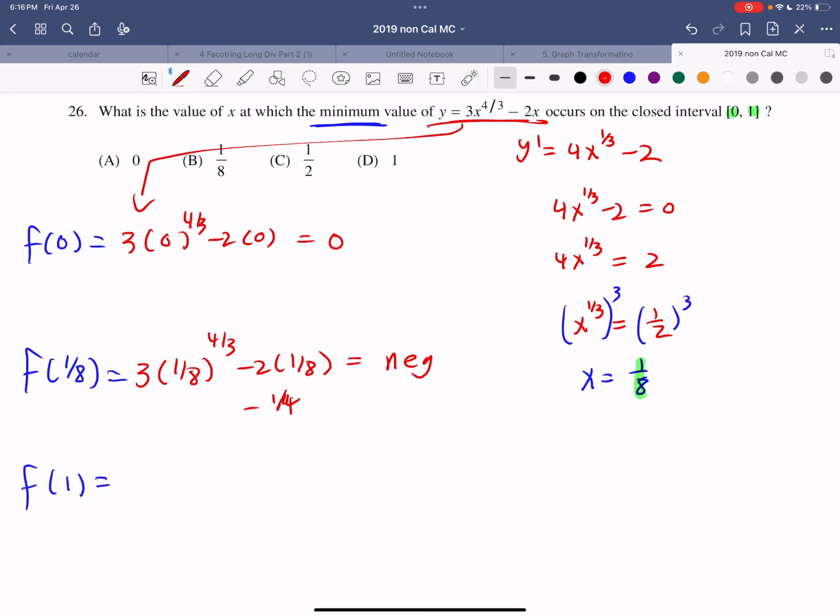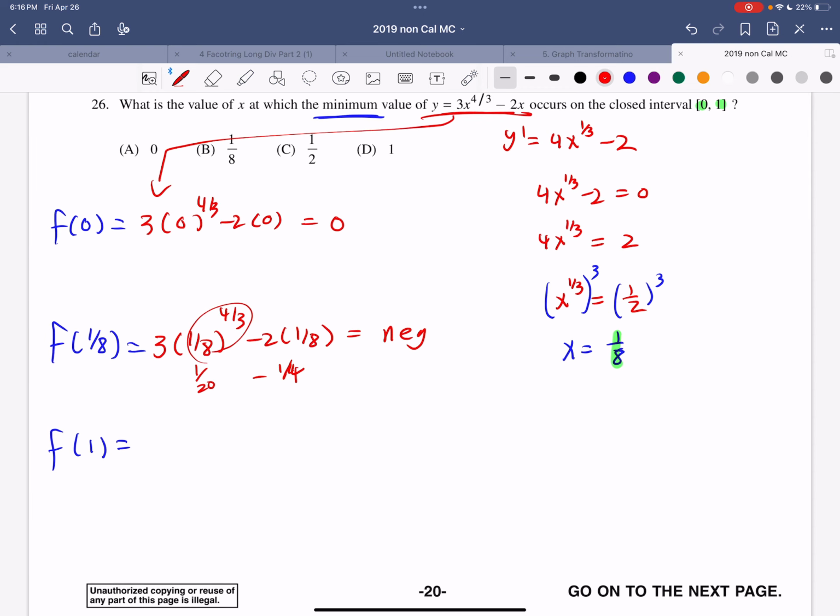I don't even know what this is, but this is going to be somewhat like, let's say, 1/20. And when you do 3/20 minus 1/4, it's going to be a slightly negative number. But if you want to get an accurate number, go ahead. I'm not going to stop you.